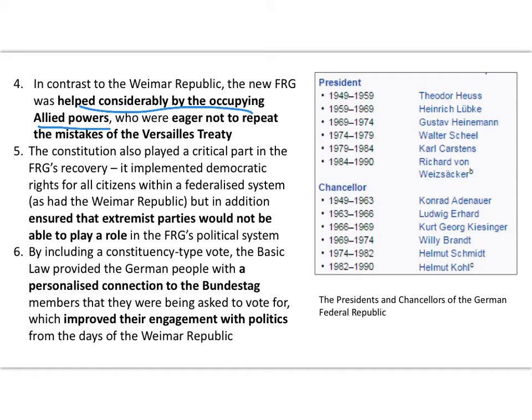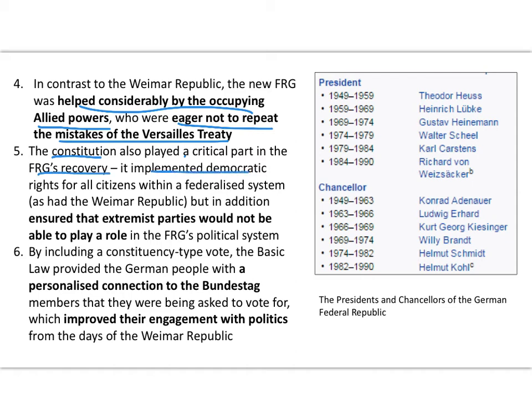Okay, Germany was effectively punished. But now the British, the French and the Americans are eager not to repeat the mistakes of the Versailles Treaty.